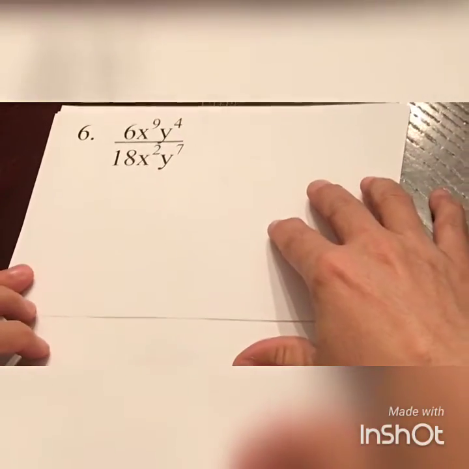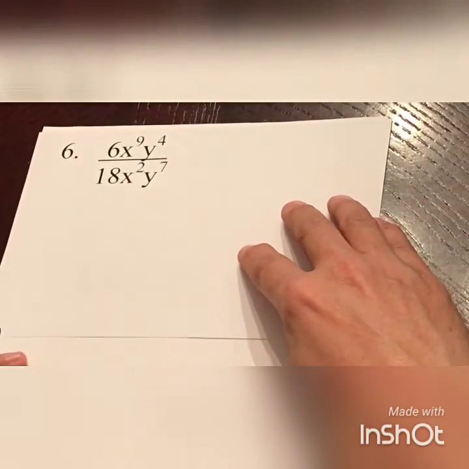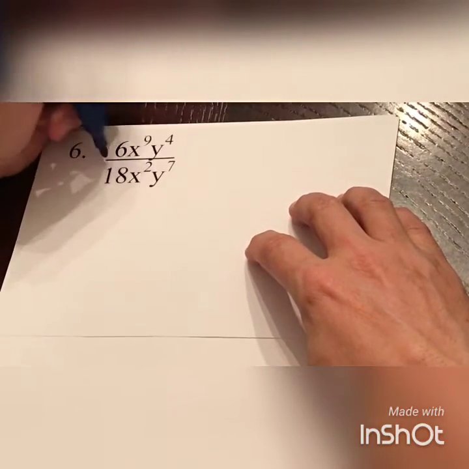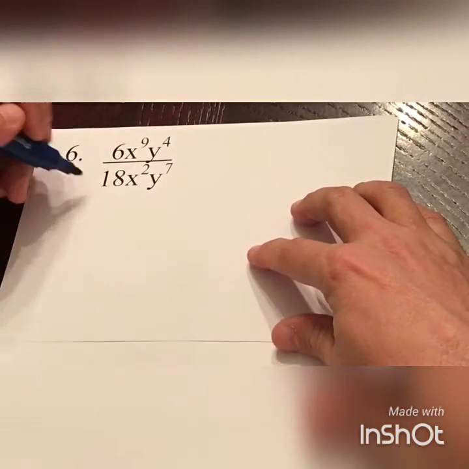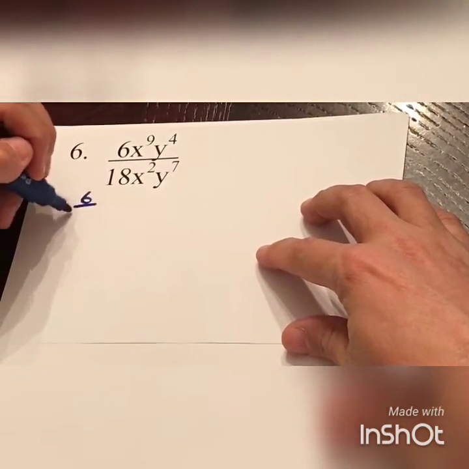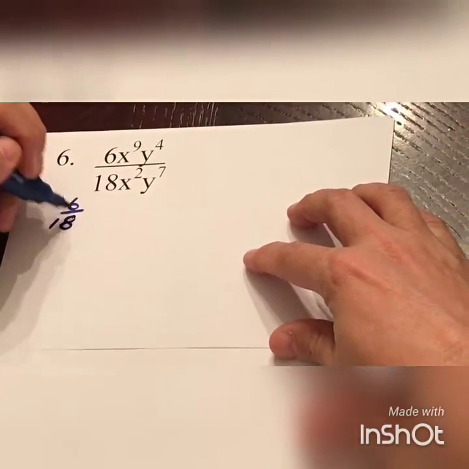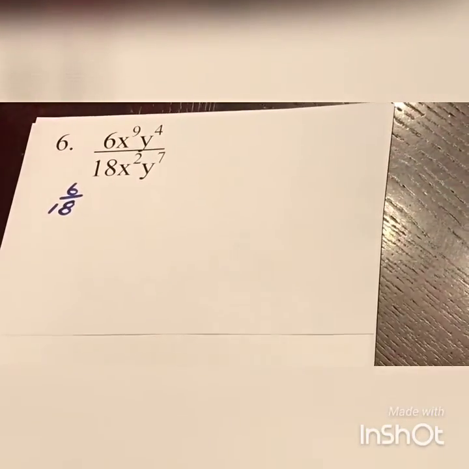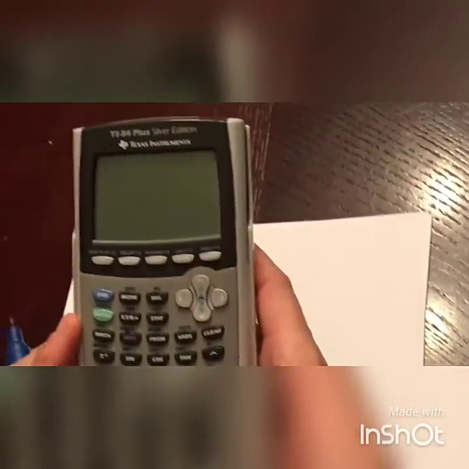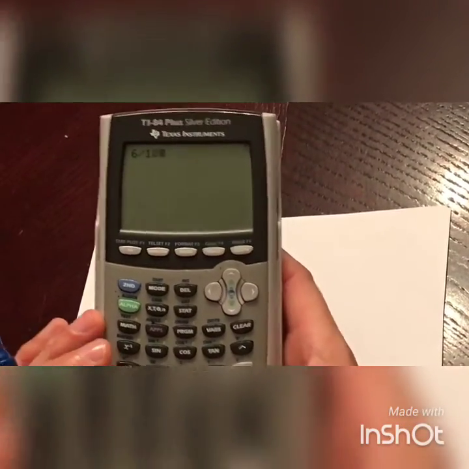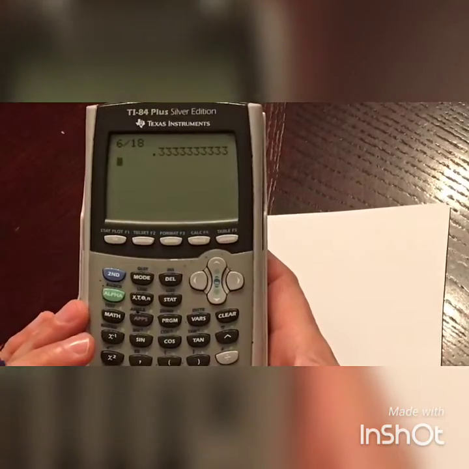Problem number 6, the same idea. We have to understand this is a division problem, so we will start out 6 divided by 18, and no, that does not equal 3. 6 divided by 18 is a decimal.